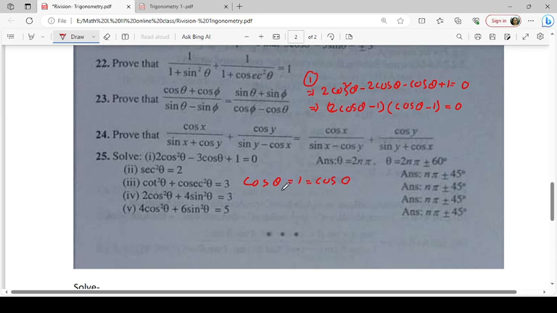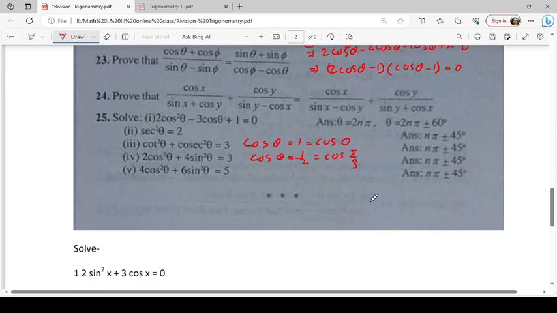When cos theta equals half, it is cos of pi by 3, so it is twice n pi plus minus pi by 3. So these are the solutions. This is the procedure.